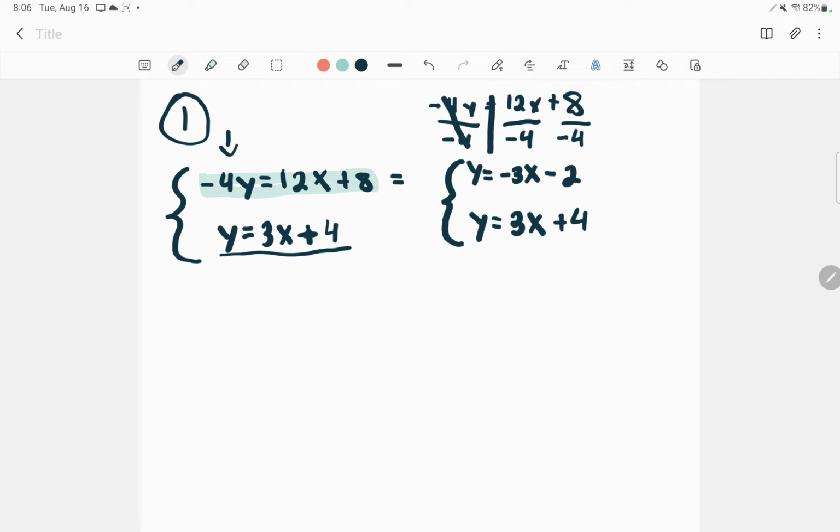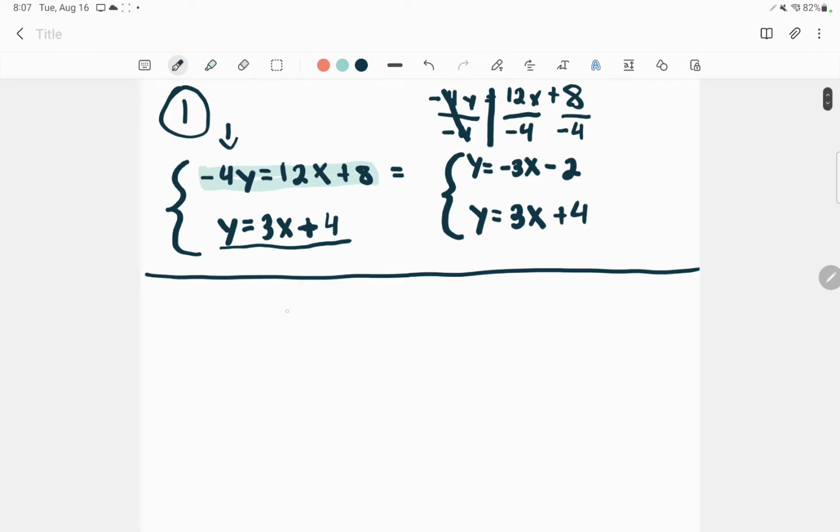At this point, I have both of my equations equal to y. If you remember, we can do something with those two equations because both of them are equal to y. I'm actually going to go ahead and set both of them equal to each other. So negative 3x minus 2 is equal to 3x plus 4. At this point, I just have to solve for x.